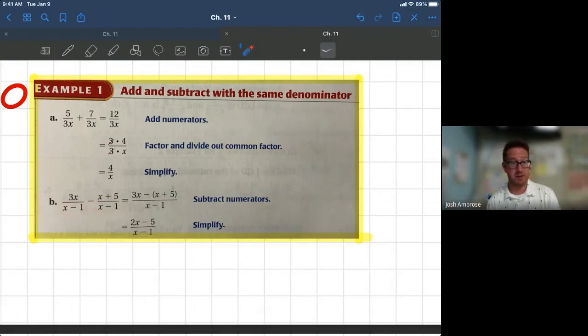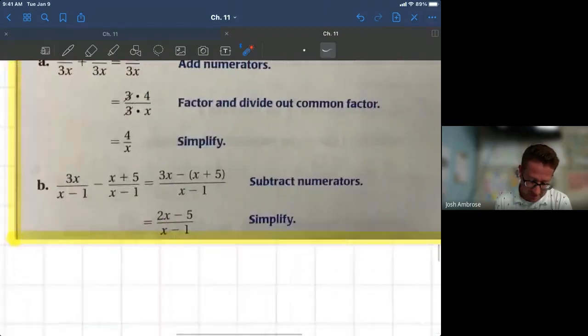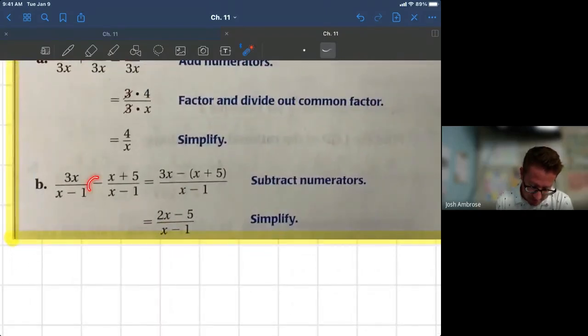Both denominators are the same, so we could immediately look at the numerators. But here's what happens with subtraction. Subtraction problems, this minus sign has to be combined with every term to the right. That is why they are putting this in parentheses, so that you take that negative sign and combine it with x.